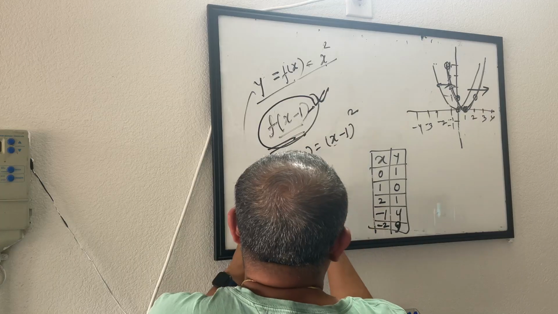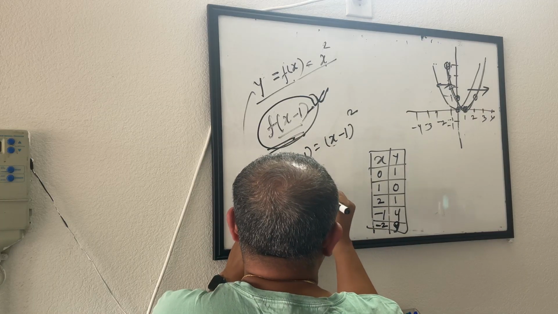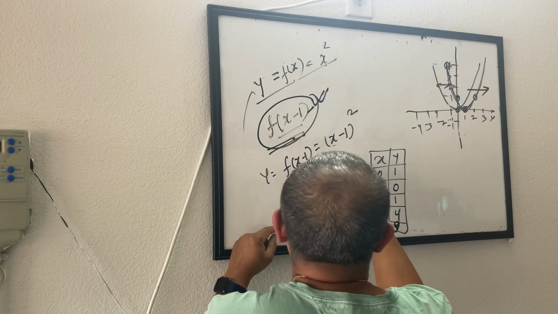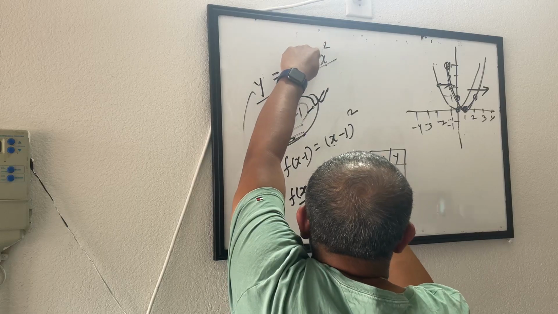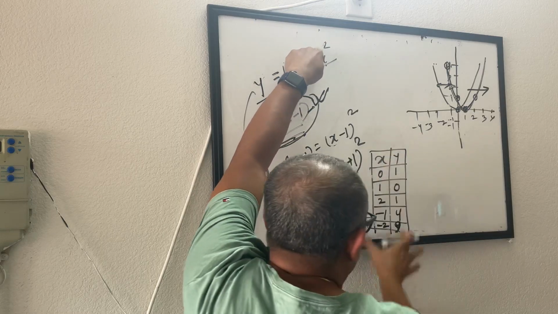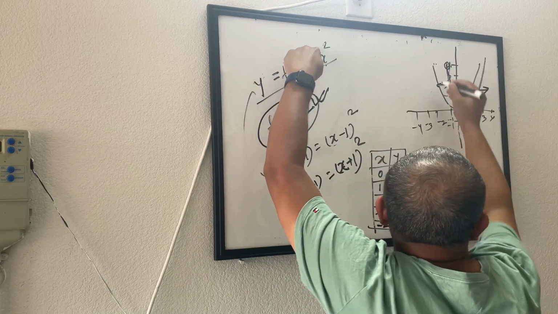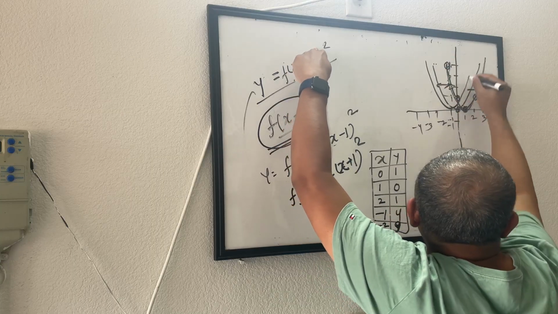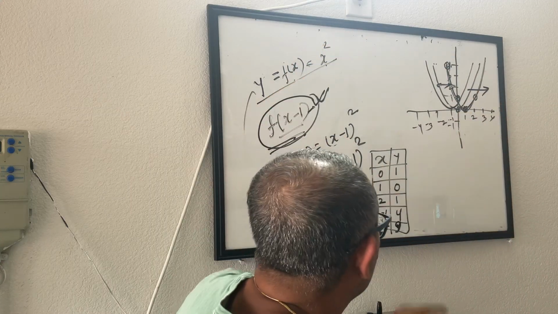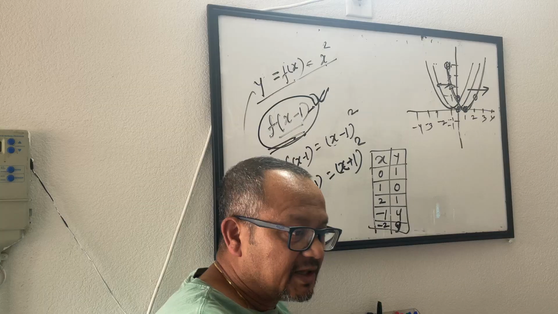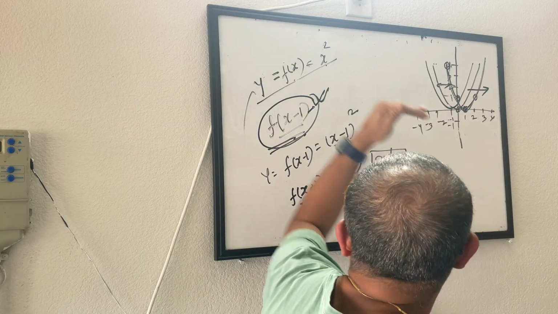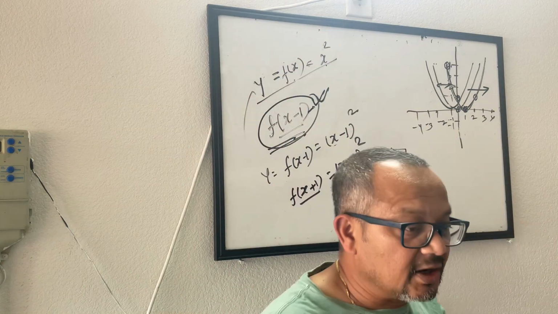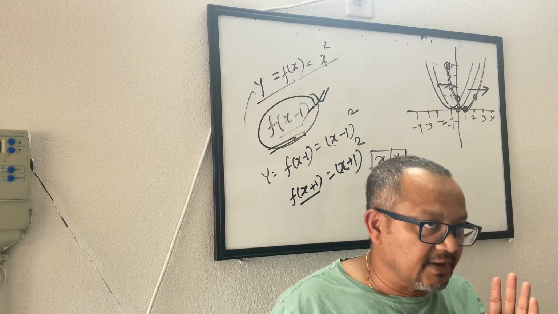Similarly, when you do f of x plus 1, in place of x you will put x plus 1, and then plot this one. You will see that everything moves by 1 unit this side.